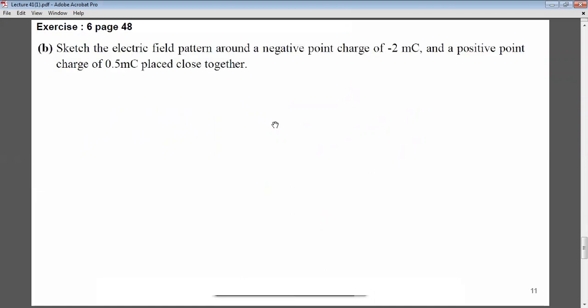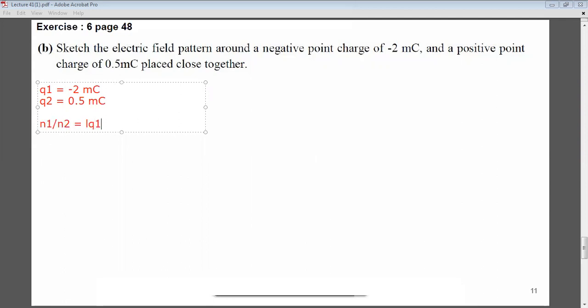Sketch the electric field pattern around a negative point charge of minus 2 millicoulomb and a positive point charge of 0.5 millicoulomb. So similarly, Q1 is equal to minus 2 millicoulomb and Q2 is equal to 0.5 millicoulomb. N1 over N2 is equal to the absolute value of Q1 divided by the absolute value of Q2, which is 2 over 0.5, equal to 4.